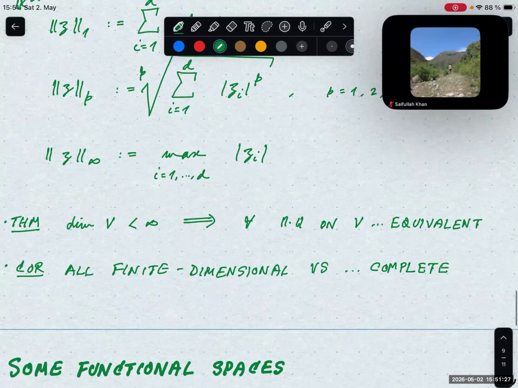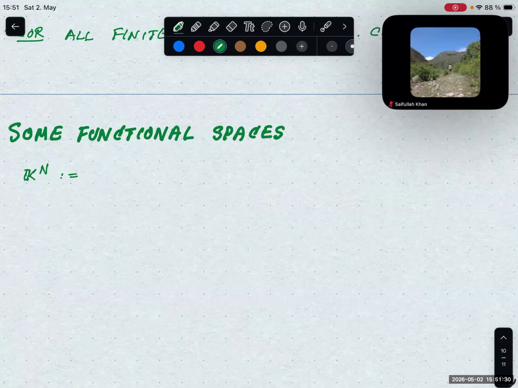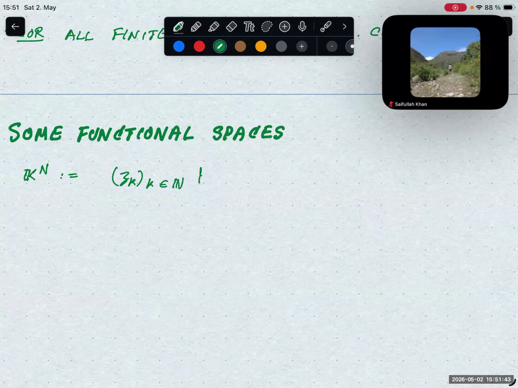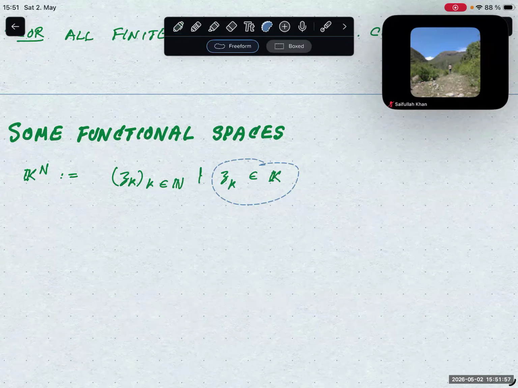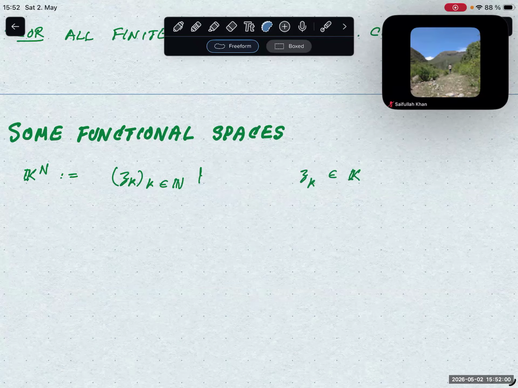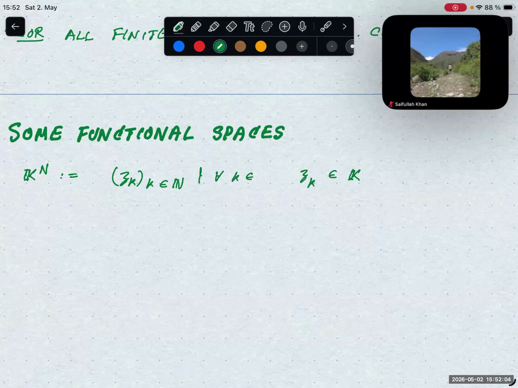Let me denote, okay, let's keep continuing with Z. Zk, and k is in the set of integers n, such that Zk belongs to K for all k in n. Okay, I think it's notationally fairly well understandable.